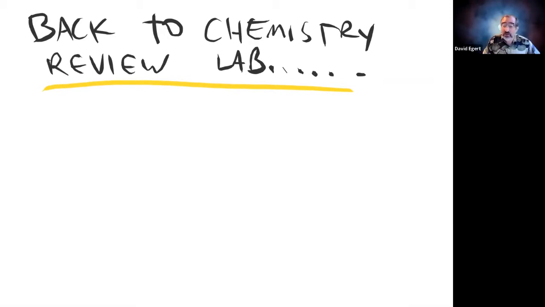So now we're going to do part 1, which is looking at pH. We need to spend just a little bit of time making sure you remember what pH is.